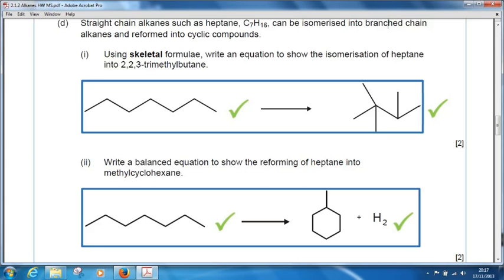In part D, we have a very straightforward question regarding isomerization. Isomerization, remember, is a process in which a straight chain hydrocarbon is converted into a branched chain hydrocarbon. And we are given the product formula, which is 2,2,3-trimethylbutane.